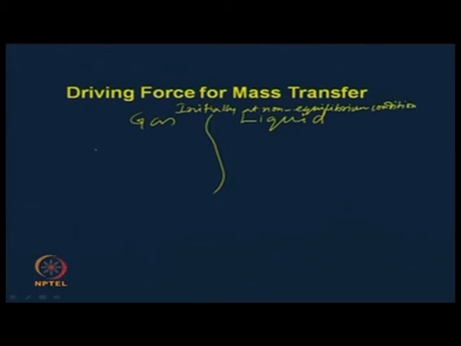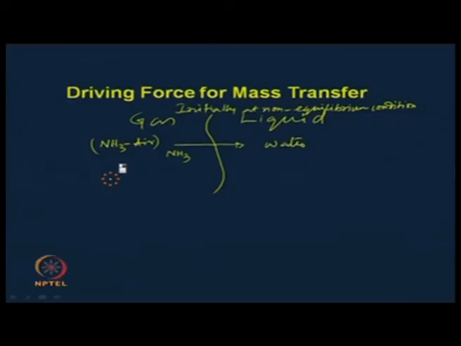Suppose we take the same example of ammonia and air mixture and we take water as the solvent. When the system is initially not at equilibrium, the continuous change of property by molecular diffusion takes place and change of concentration occurs, and ammonia diffuses and dissolves in water. This process will continue until the equilibrium is reached.